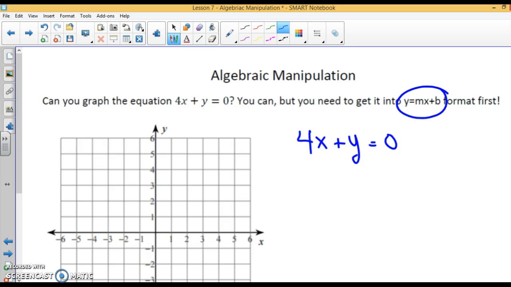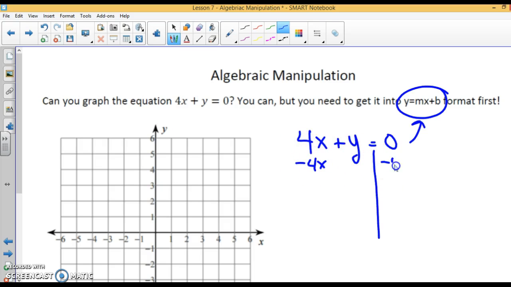But in order to graph this right now today, you need to be able to transform from this form, which is standard form, into slope-intercept form, which basically means I need to get y alone. Well, this is just like solving equations. We're going to get y alone. How do I get this 4x over the other side?